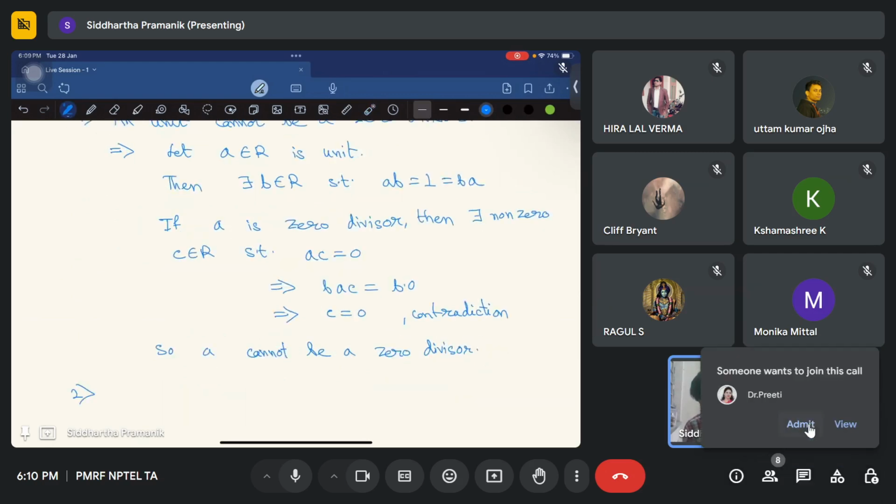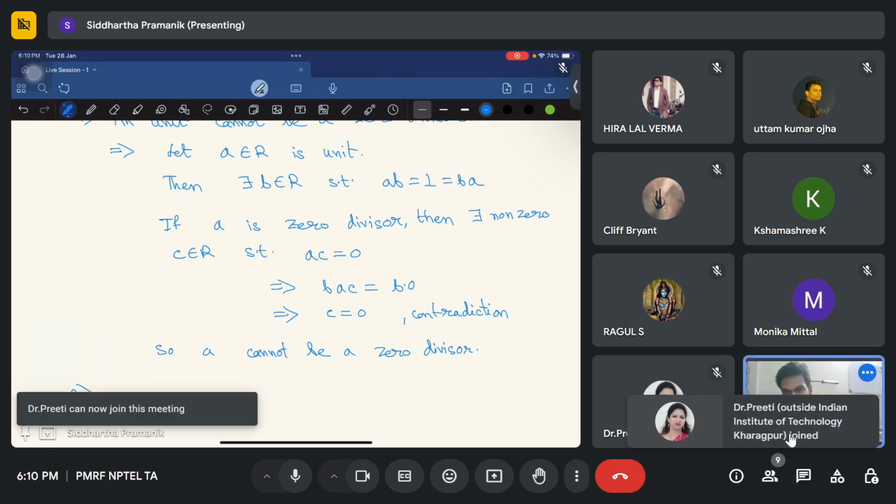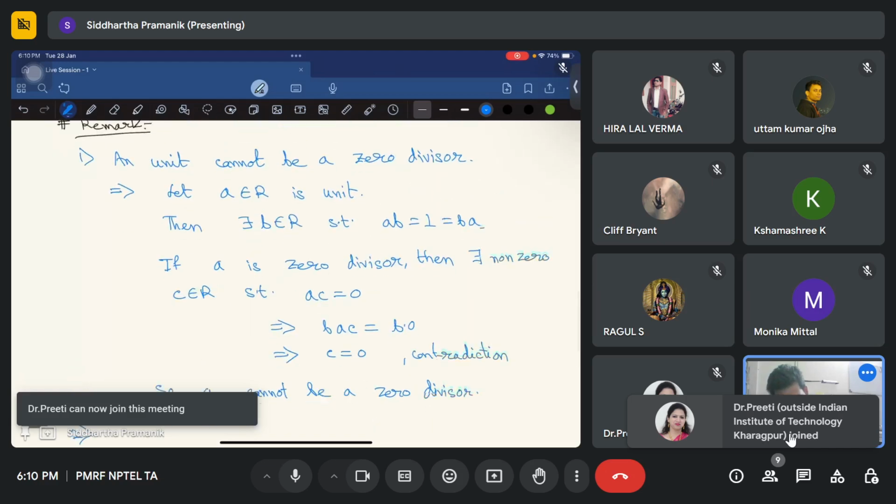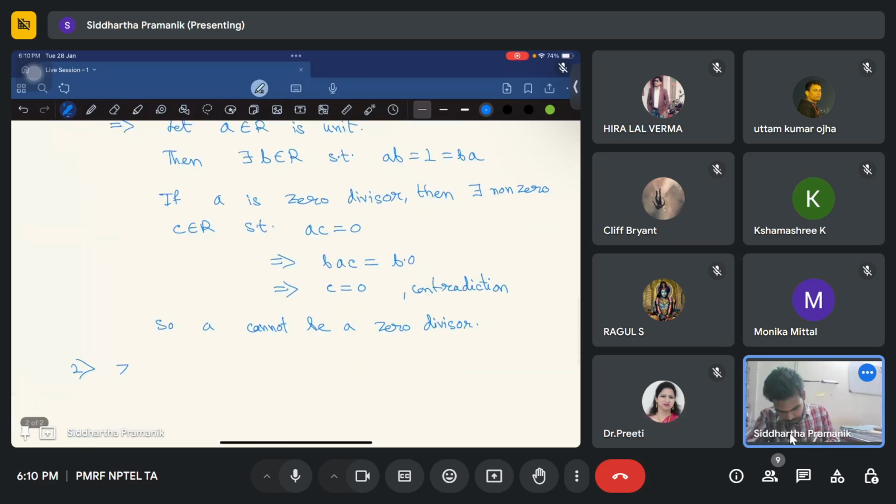And the second fact is that zero divisors cannot be units, because of the same argument; you can check this.